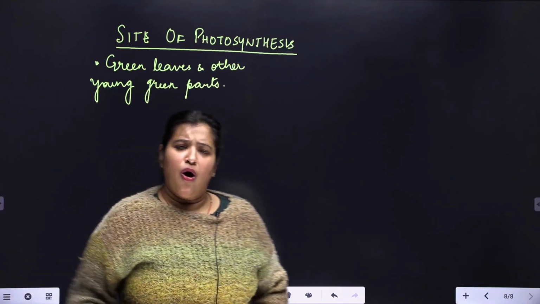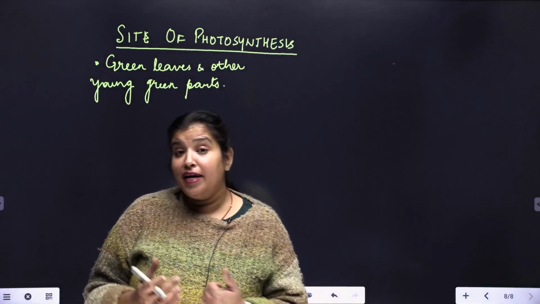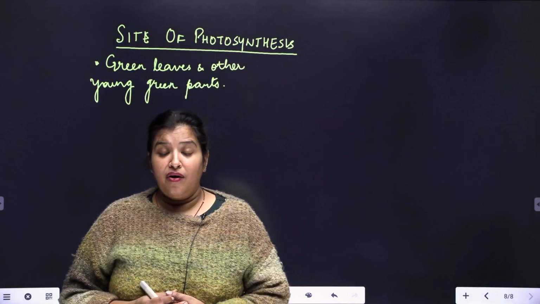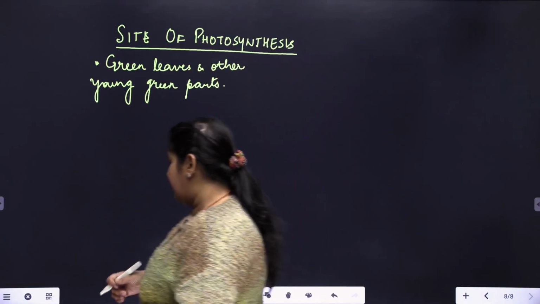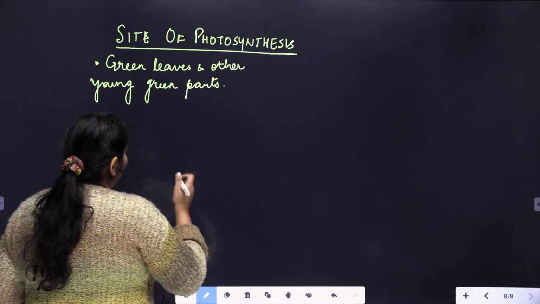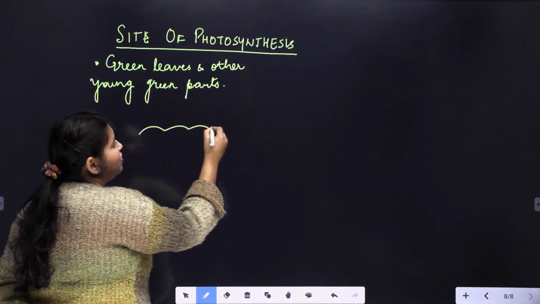But have you ever thought why photosynthesis is taking place only here and nowhere else? All right. So today let us go into a little bit of detail. Photosynthesis is happening here because of the specific structure the leaf has.